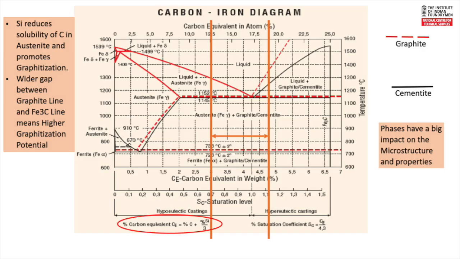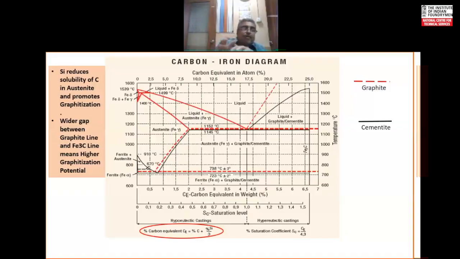All of these decide whether graphite or cementite will come out of the solution. Looking at the effect of these factors on the position of the dotted lines and solid lines, the wider the gap between the graphite line and the cementite line, the higher the potential for graphitization.